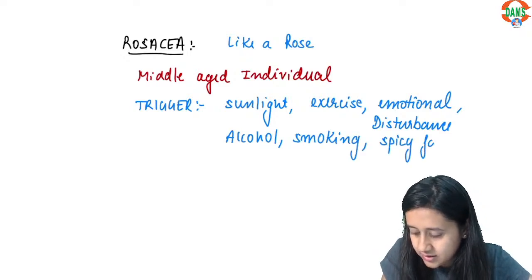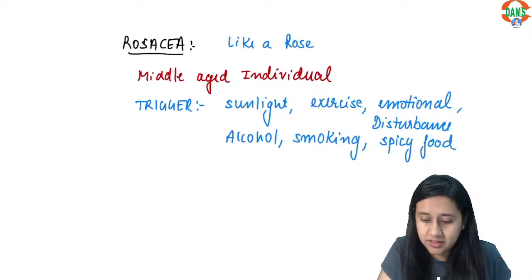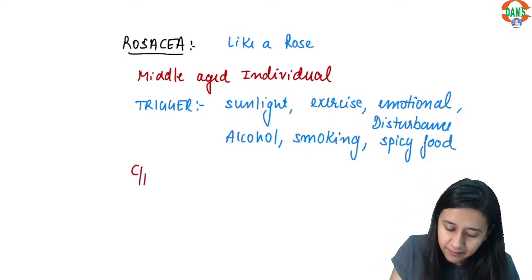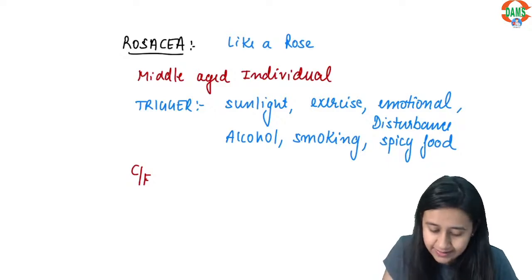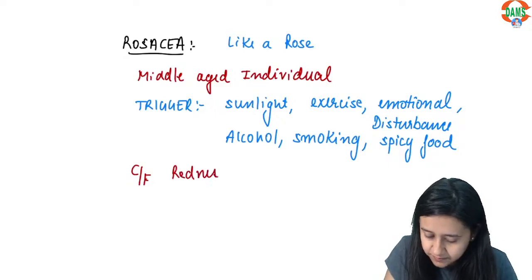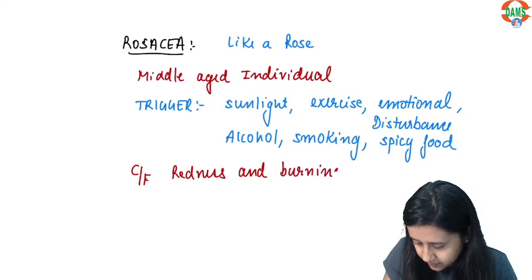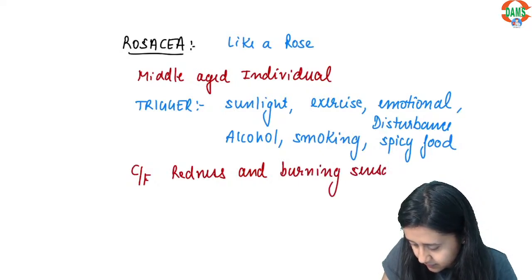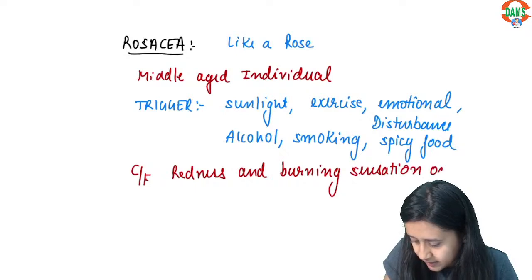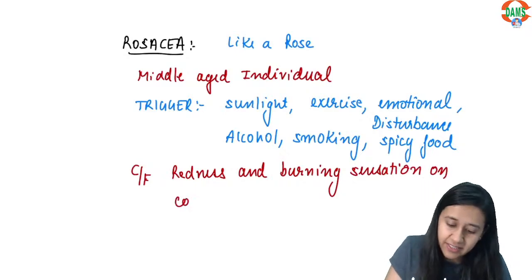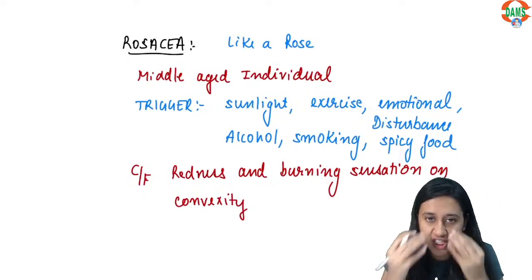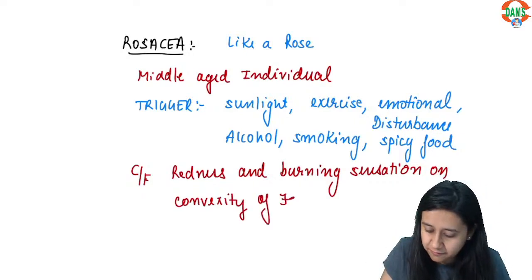As soon as these individuals are exposed to these triggers, what happens? Suddenly they start developing flushing, that is redness and burning sensation on the cheeks, on the exposed part, or I should say the convexity of the face. What is convex? The most convex part, this part, cheek, convexity of the face.